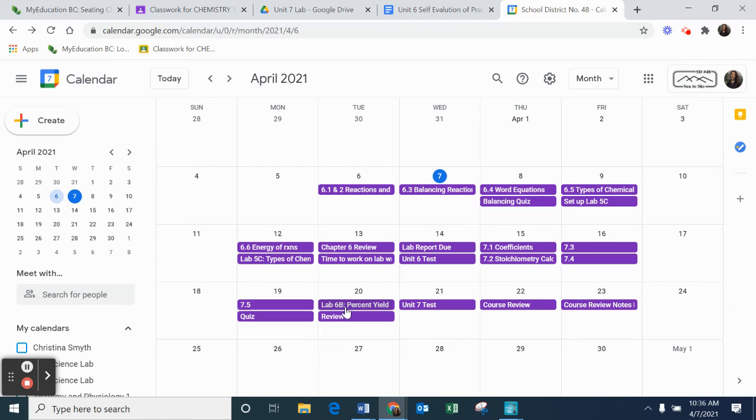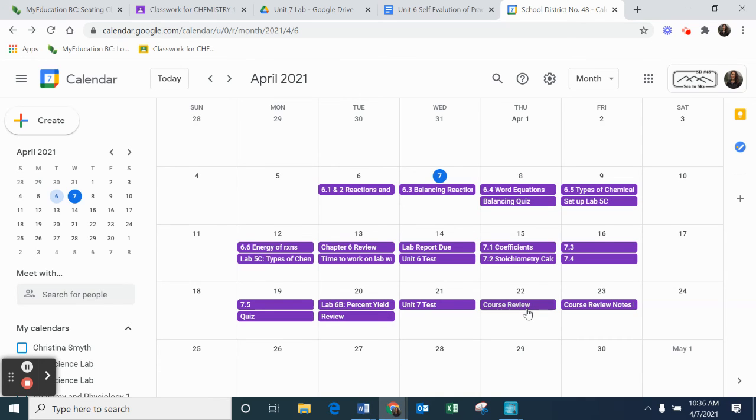Sound okay? All right, and I will give you lots of feedback on them throughout the lab, so it's not just going to be a grade. It'll be a lot of, reword this, make sure this is in different wording, like this is an observation versus, what's the word I'm looking for? Inference.